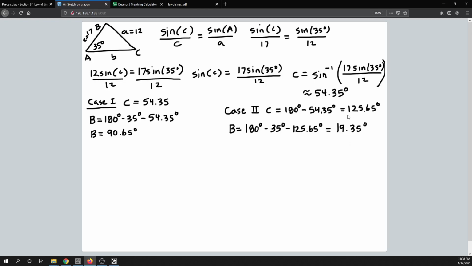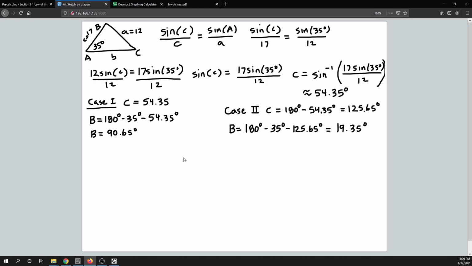All right, and you can see in case 2, this led to a perfectly legitimate value. Sometimes, if you watch the previous video and the previous example, case 2 led to a negative value for whatever angle it was, and so that's when you know that case 2 does not lead to a triangle.